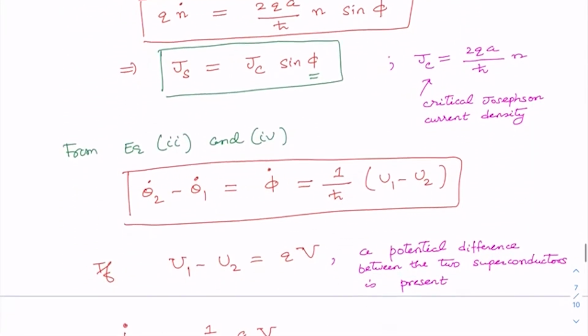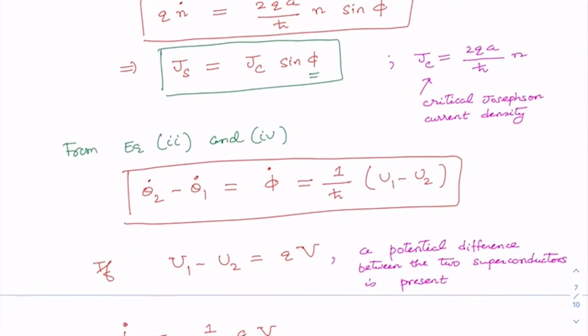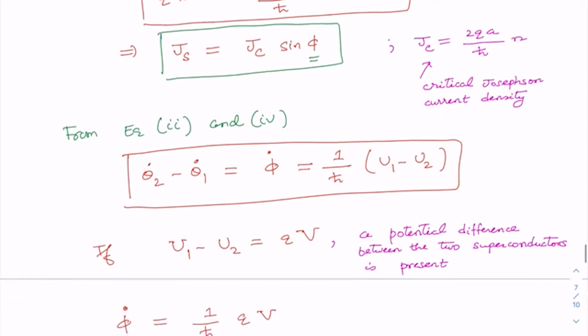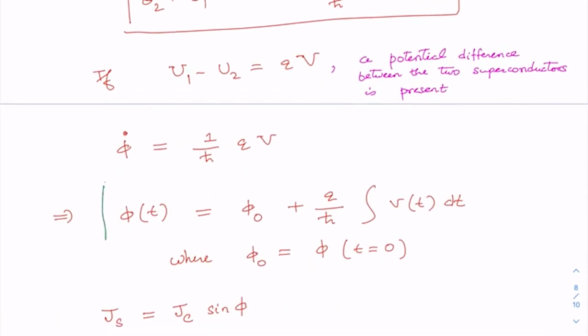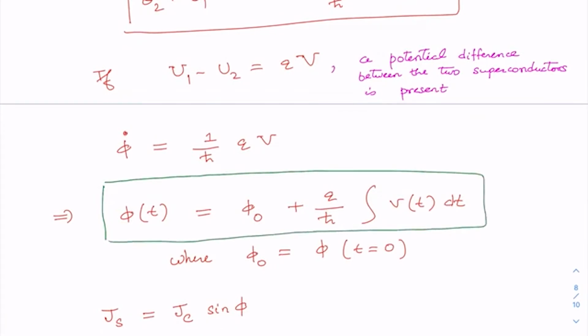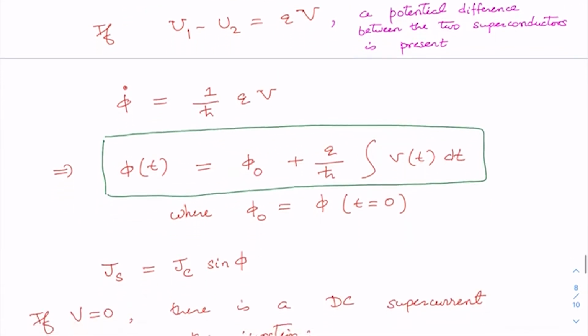Another expression we got relates how the temporal evolution of the phase depends on the difference in the ground state energy. If there is a potential difference between the two superconductors, then this phase difference is given by this expression, where phi 0 refers to the DC phase.